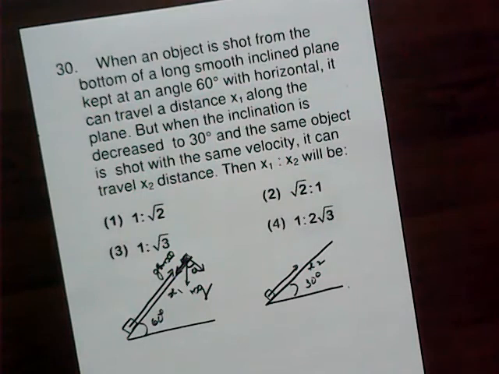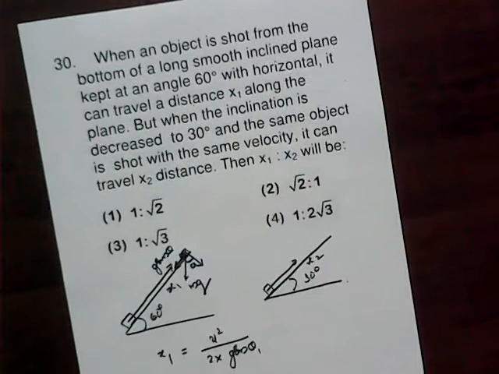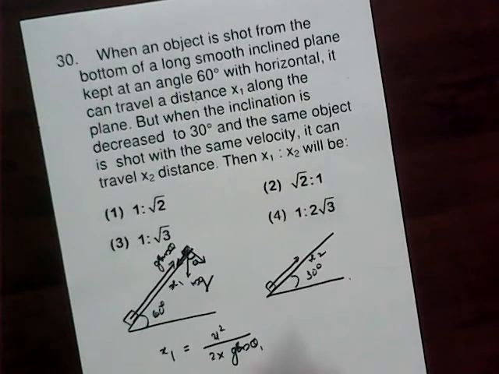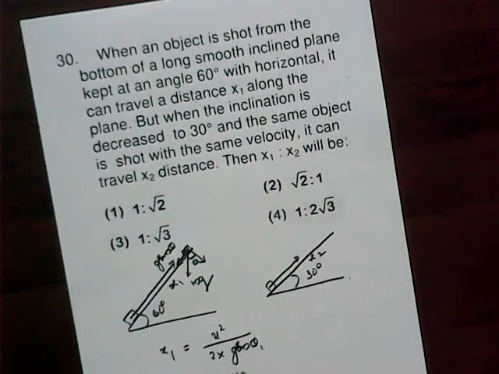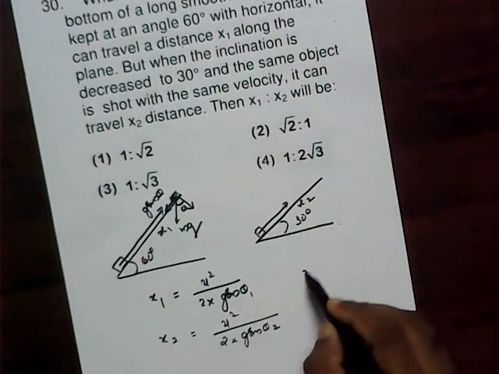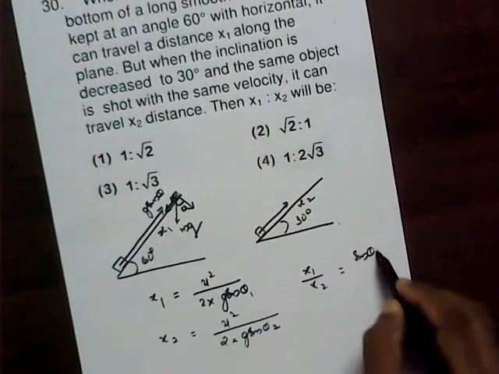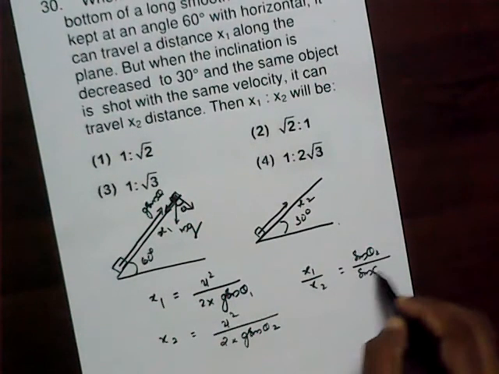The stopping distance can be easily found as the initial velocity squared divided by 2 into acceleration g sine theta. For the first case we write this, and for the second case the stopping distance is u squared divided by 2 into g sine theta 2. Therefore, x1 by x2 is equal to sine theta 2 by sine theta 1.